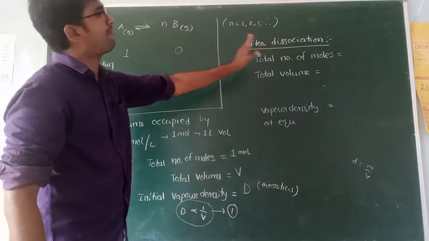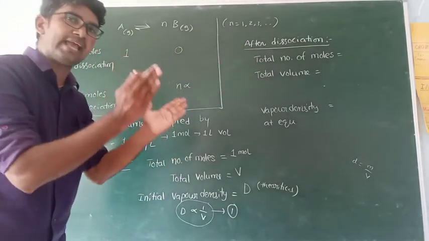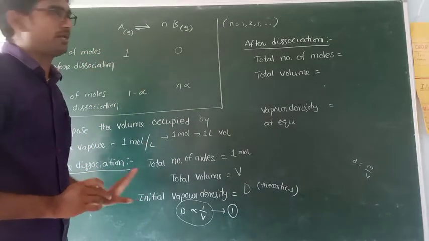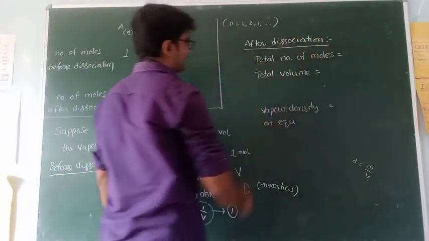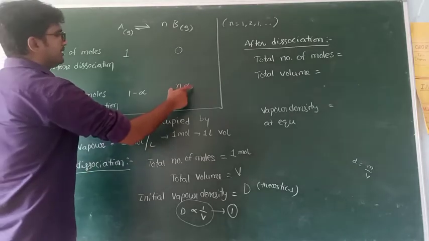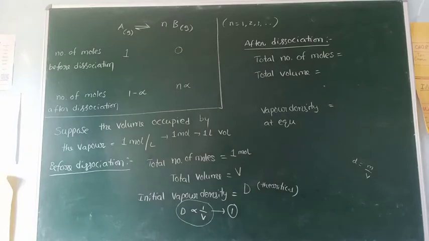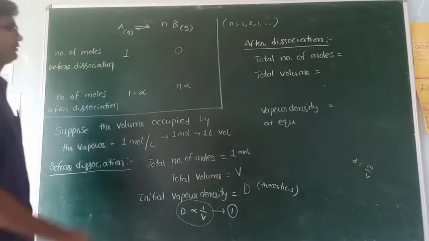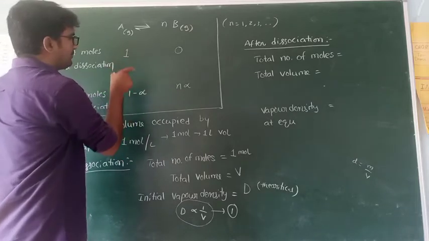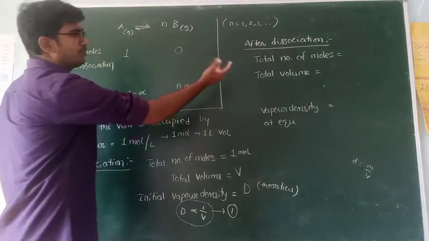Now comes the after dissociation. After dissociation means after completing the reaction. Some part of the reactants is converted into product. Then calculate the total number of moles. Initially 1 mole is there. In that, 1 minus alpha is left on the reactant side, but n alpha is converted to products.